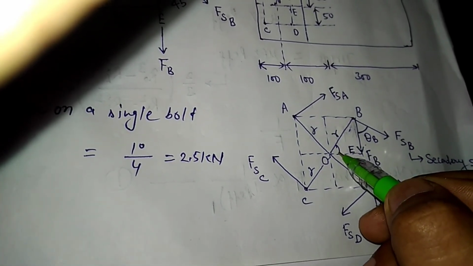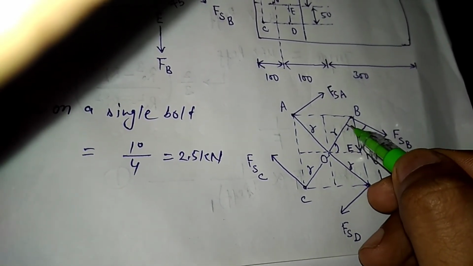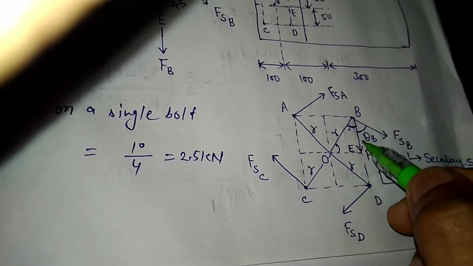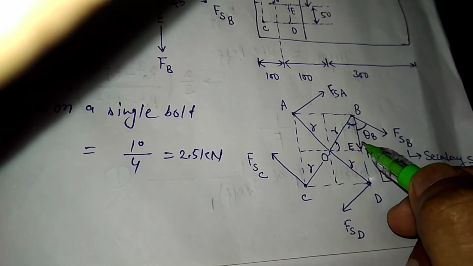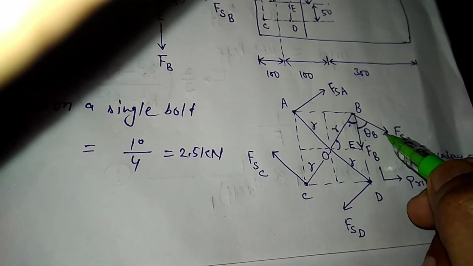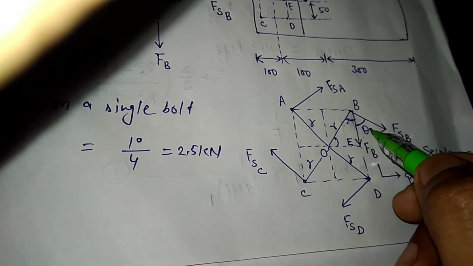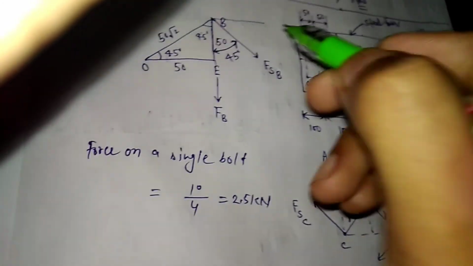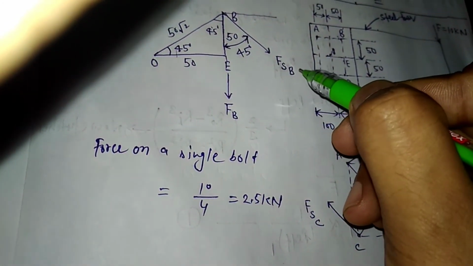This will be 45 degrees and this will also be 45 degrees because it is perpendicular, so this will be equal to 90. So theta B, the angle between FB and FSB, is 45.